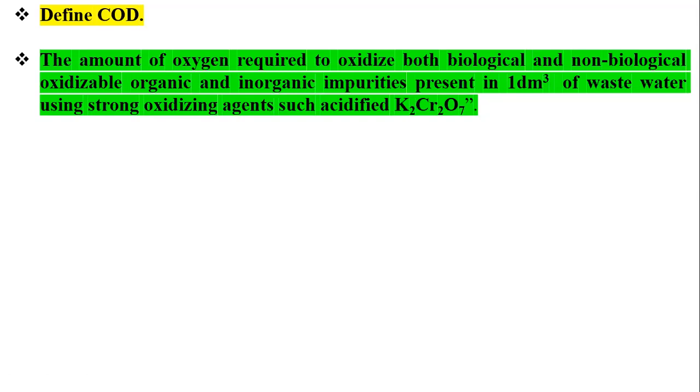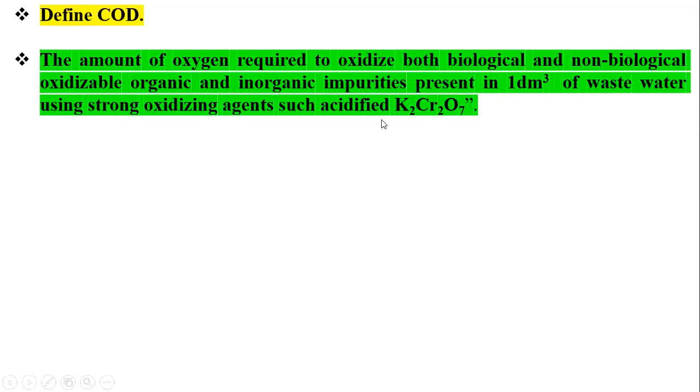Again, you can come to the definition. It is the amount of oxygen required for what purpose? To oxidize the impurities. What type of impurities? Biological and non-biological, oxidizable, organic and also inorganic. All the impurities present in 1 dm cube of wastewater, which is nothing but 1000 ml of wastewater, using a strong oxidizing agent such as acidified K2Cr2O7.